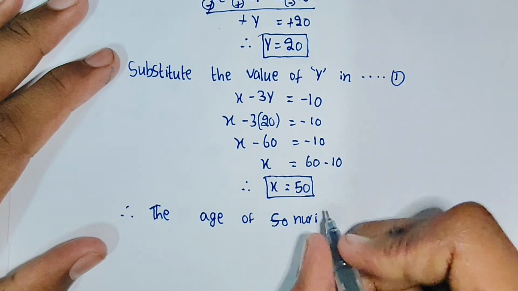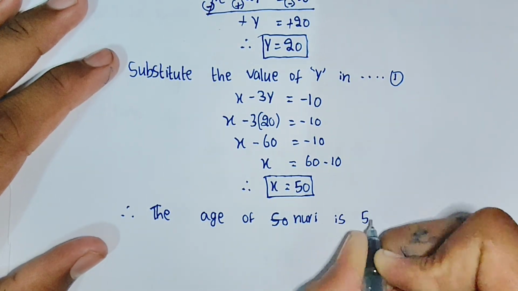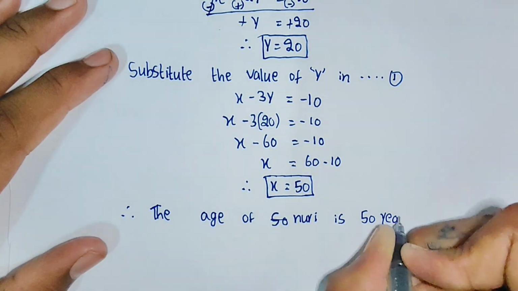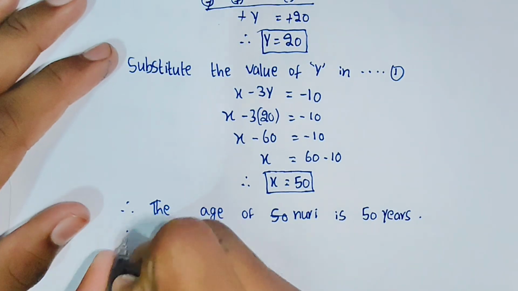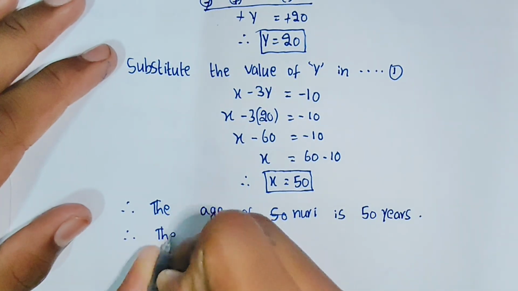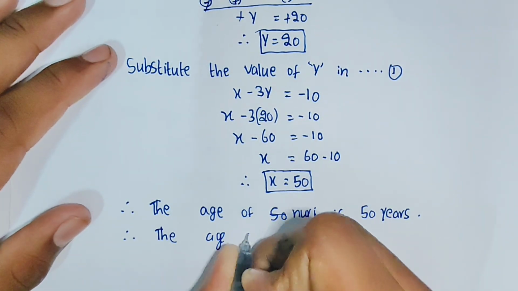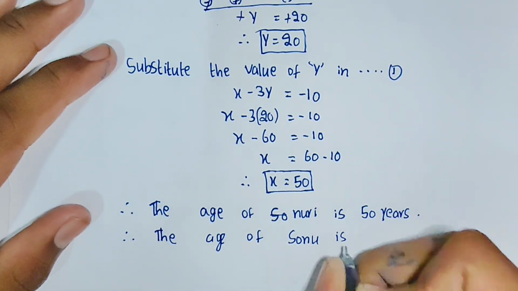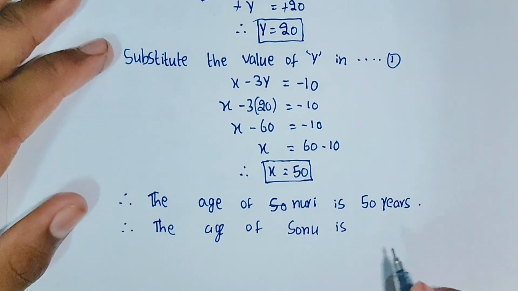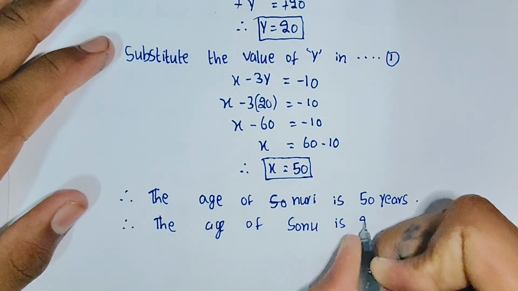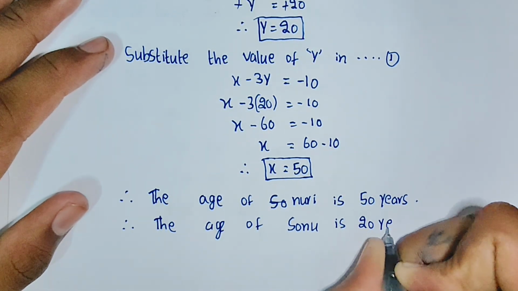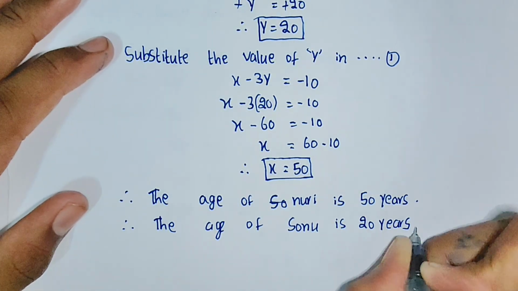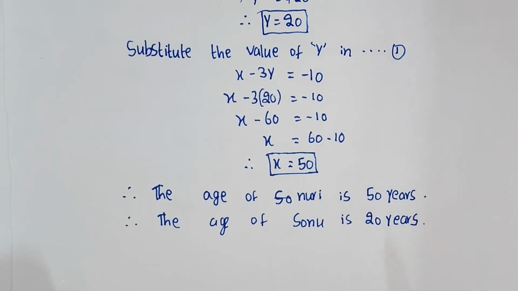So the age of Nuri is 50 years. Therefore, again I am writing the age of Sonu is y. y is 20. So the age of Sonu is 20 years. So we have completed the second question.